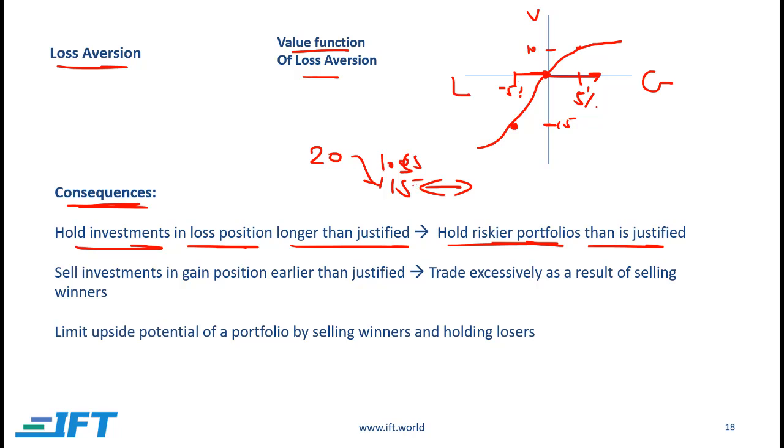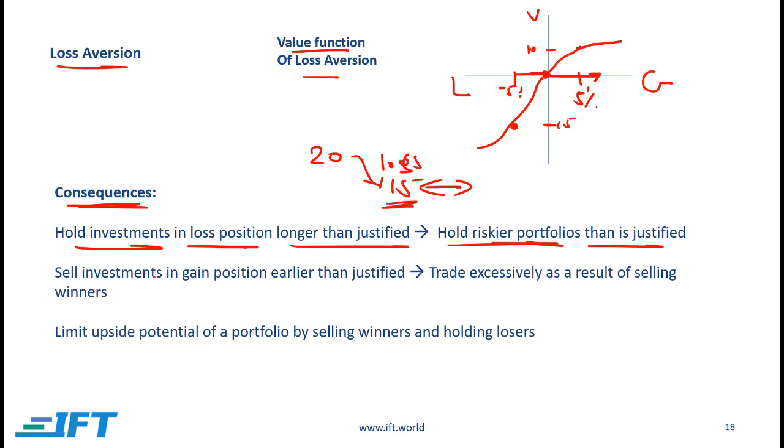But people don't want to actually realize the loss, so they are likely to just hold on to this particular stock, even though a price of 15 was a reasonable price to sell. And now, because of behavior like this, people will hold on to riskier portfolios for longer than is justified.